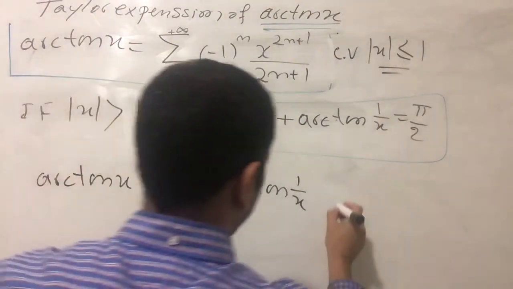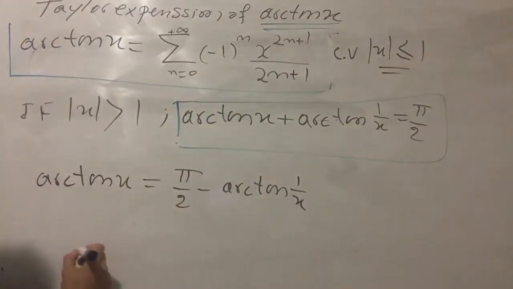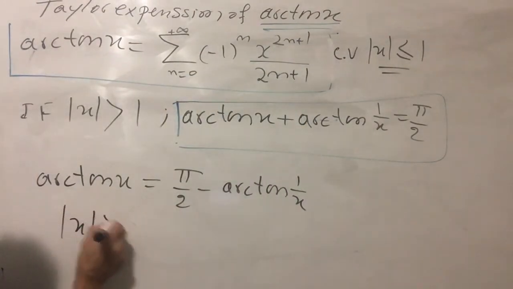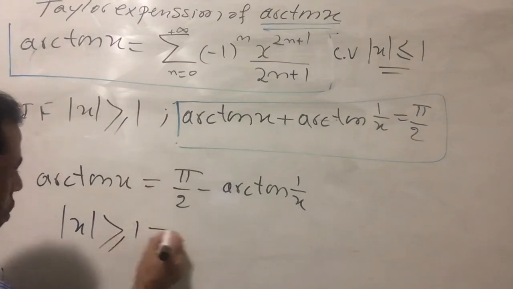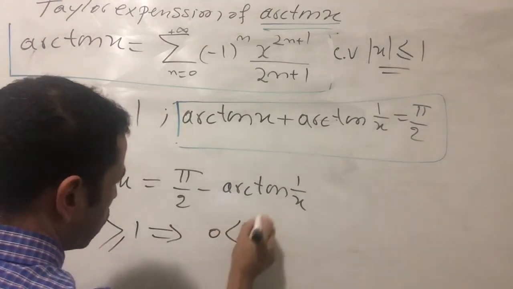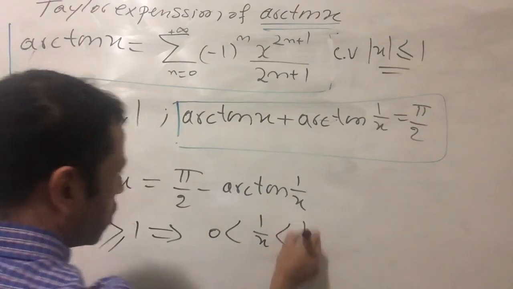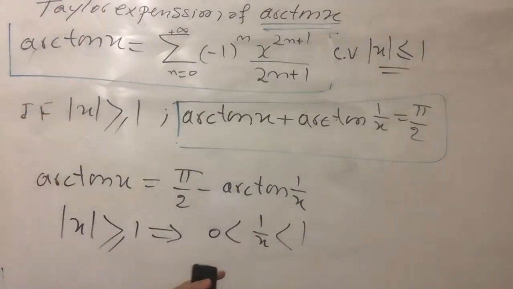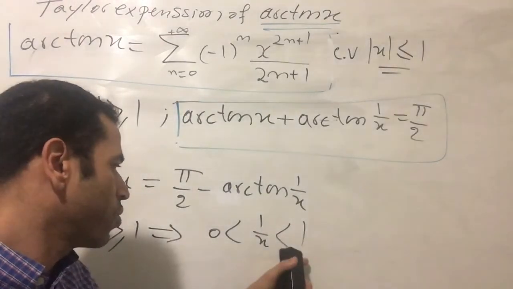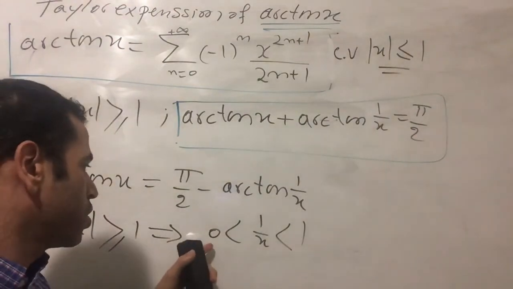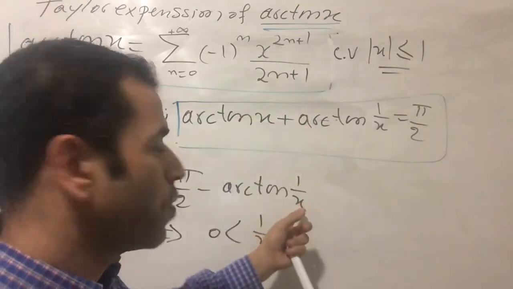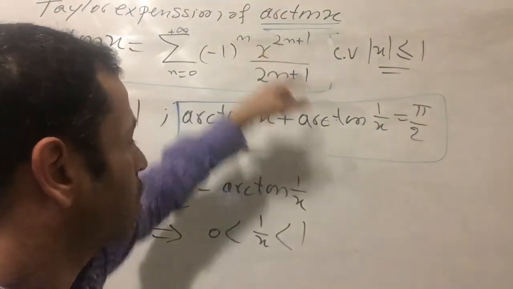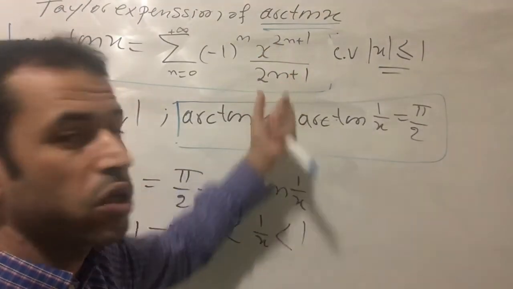Since the absolute value of x is strictly greater than 1, this implies 1 over x is between 0 and 1. If I replace x with 1 over x, this series will be convergent.